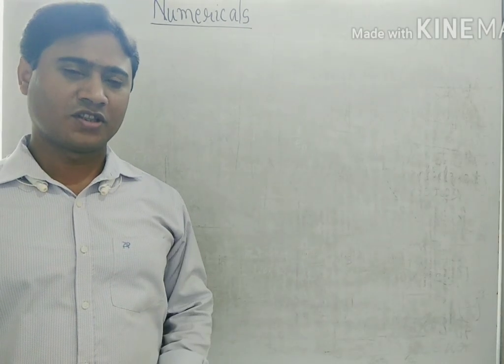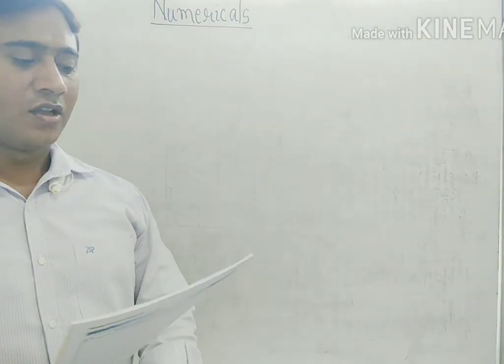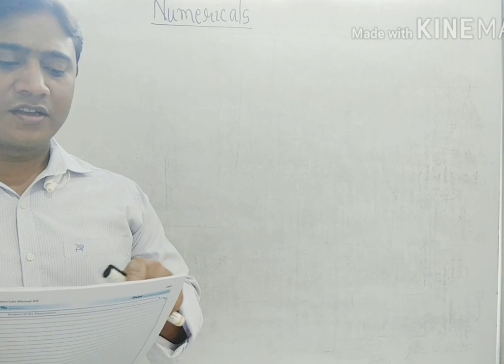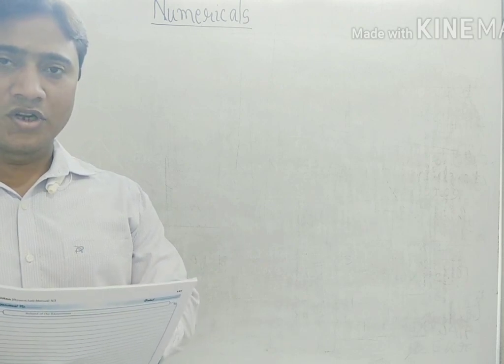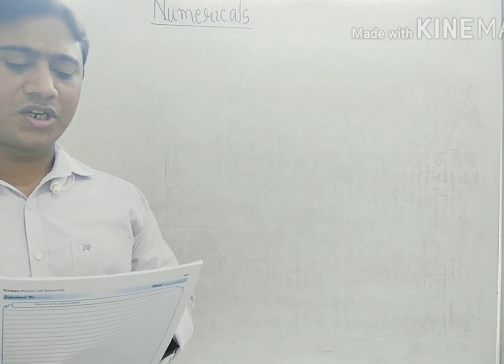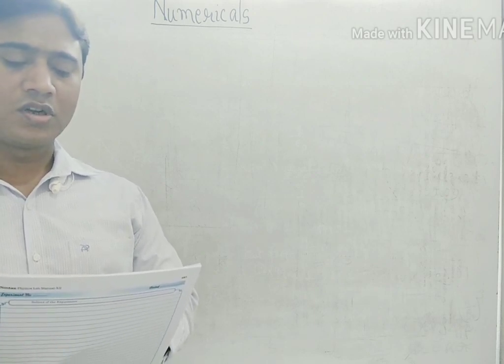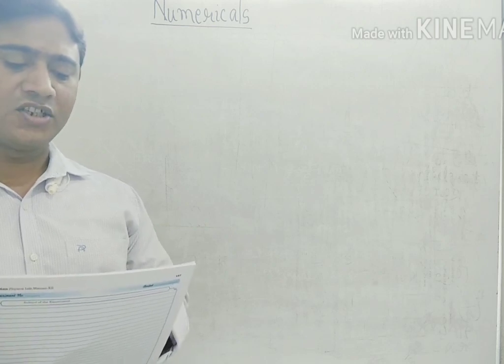So let's begin. First question of today: a spherical conducting shell of inner radius R1 and outer radius R2 has a charge capital Q, and a charge small q is placed at the center of the shell.